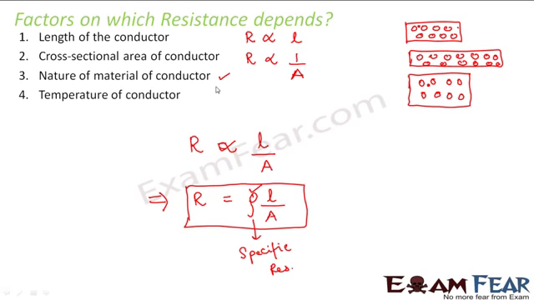You will study the dependence of resistance on temperature in your higher classes, because that involves some other concepts as well. We will talk about that in class 12. So for now, you should know that this is how we express resistance, and these are the factors on which the resistance of a substance depends.